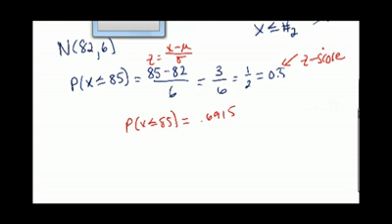And if I wanted to do greater than or equal to 85, that would be 1 minus 0.6915. Let's do it on the calculator. 0.3085.